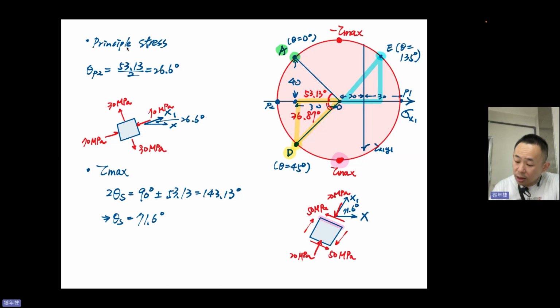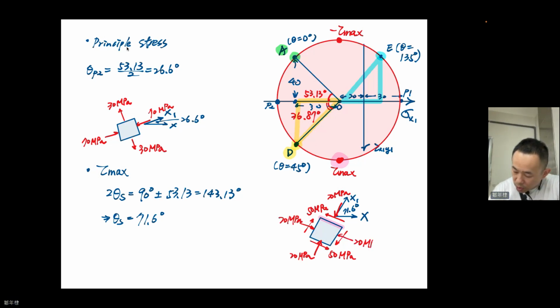And how about the other one, the other surface? How about this one? This one will be in this position. And how about their sigma x1? Again, the same, negative 20.